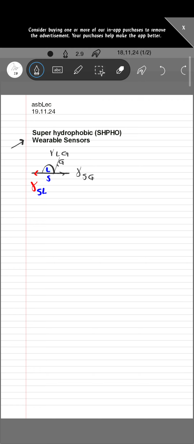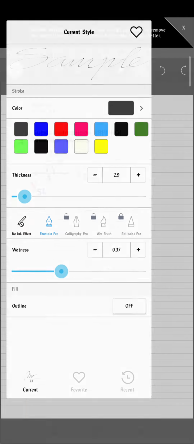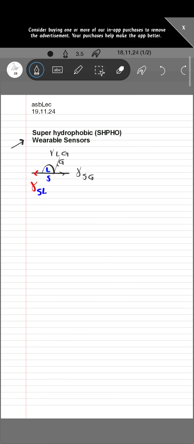Okay, now let us draw this once more. Now this angle that gamma LG makes with the solid surface is called the contact angle.